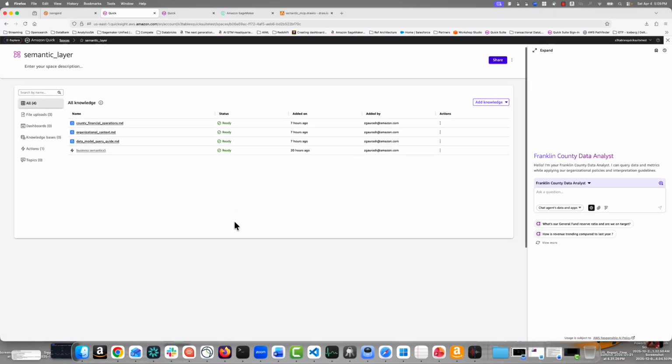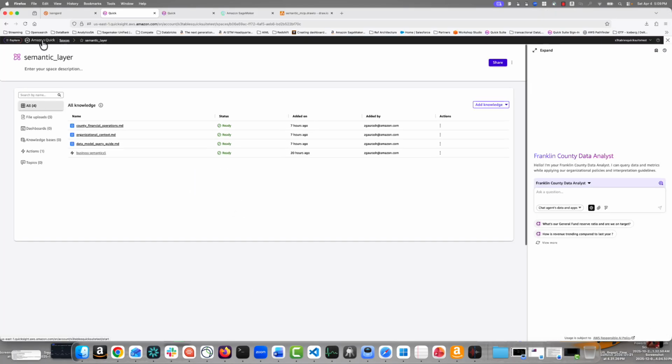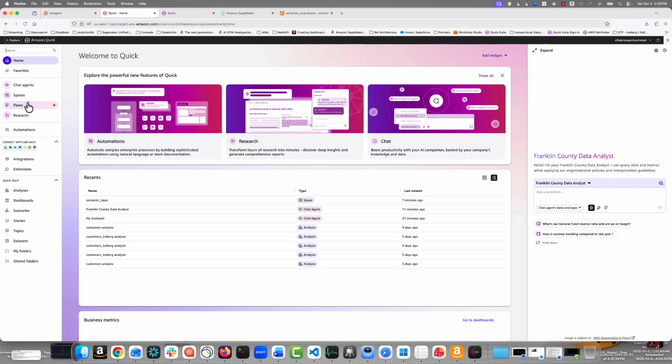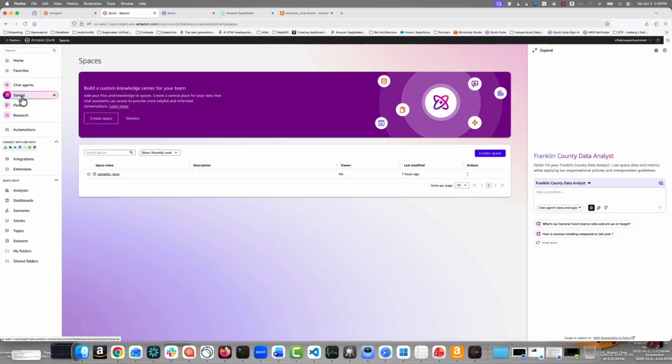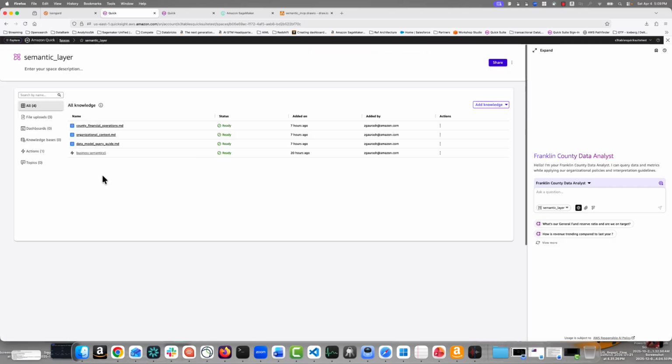So I'm on QuickSuite. I have logged into Spaces, but let me show you from the beginning. So these are spaces, and when you create a space, basically I have created one space. So let me quickly show you here. You can add knowledge. Knowledge can be of different forms like files, dashboards, knowledge bases, actions.